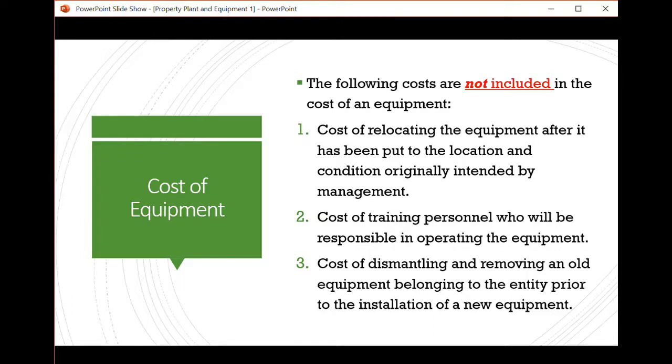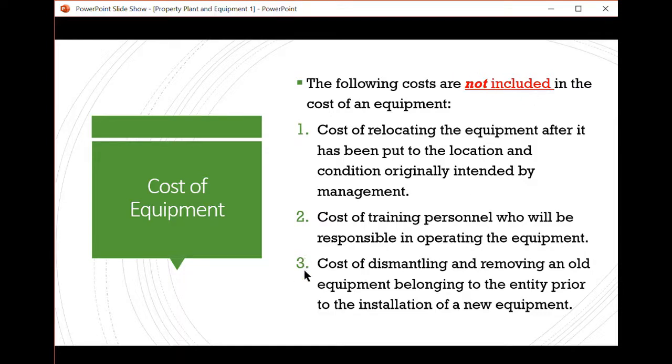So dapat katong pag-initial recognition naka-set up na nga amount. Kaya kung later on pa nimo nahunahunaan nga mao ni ang cost sa dismantling, wala na siya labot sa cost of the equipment. Again, not included in the cost of the equipment.